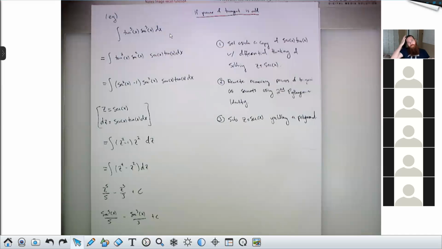And if the power of secant is even and enormous, then you should substitute for secant, provided the power of tangent is odd. So in the overlapping cases, just like when we talked about the sine and cosine integrals, substitute for the larger power. And you can play around. There are some problems in your homework that will let you play around with solving these multiple ways.